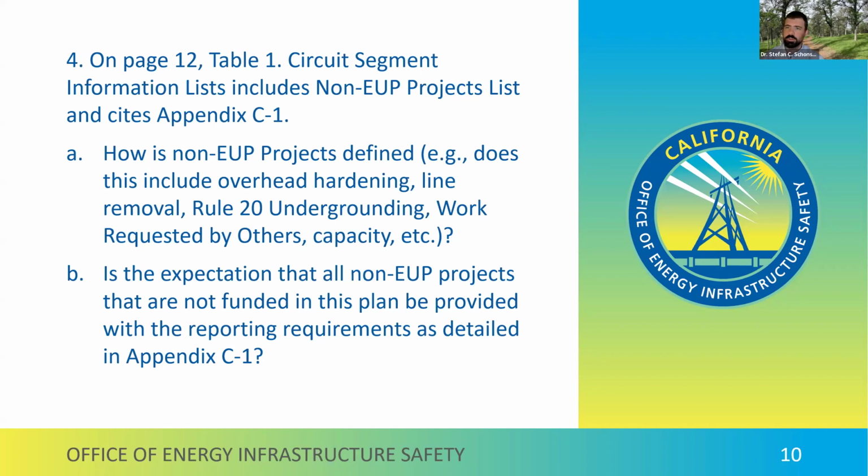So again, we're looking to understand, 3 years down the line, we have a circuit which used to be very high risk, but now we see as very low risk. If this has happened because there has been an undergrounding done as part of a GRC or some other mitigation done through some other mechanism, that is what is causing that change in that circuit's risk, not the models changing.